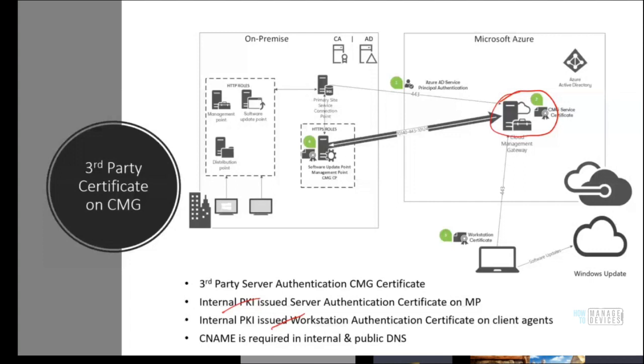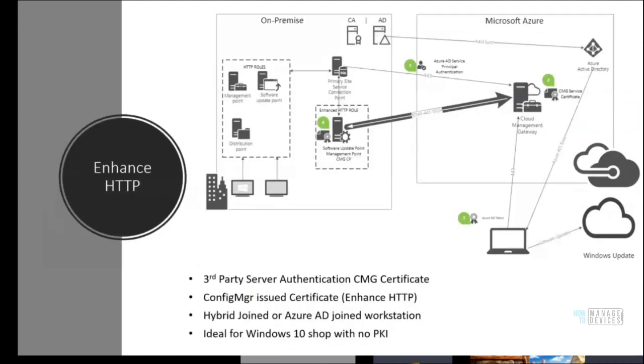Okay, let's go to the enhanced HTTP. Enhanced HTTP is a new feature where you can enable enhanced HTTP on the MP, which will create a Config Manager generated certificate, and the client machines will use that certificate for authentication. This is mainly used for machines which are Azure AD joined or hybrid joined.